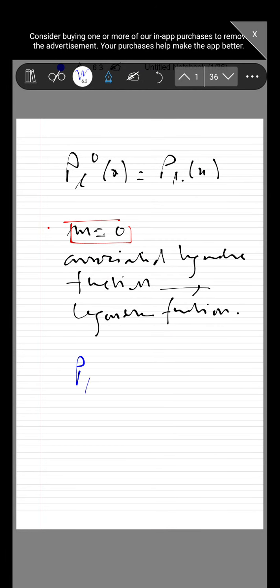And the second thing is that P_l^m(x) is equal to 0 if m is greater than l.